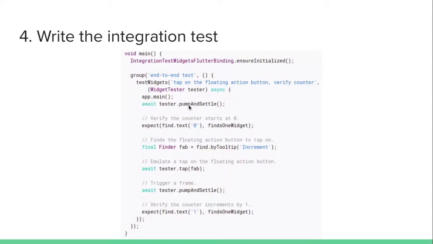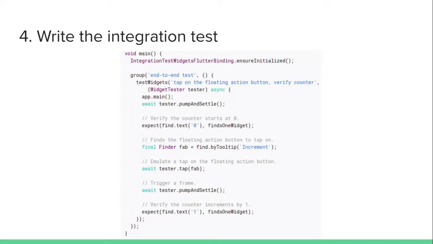So here we used pumpAndSettle. We expected at first the text we will find its value will be 0, and we will find it one time. So finds one widget, this matches this value or this object.